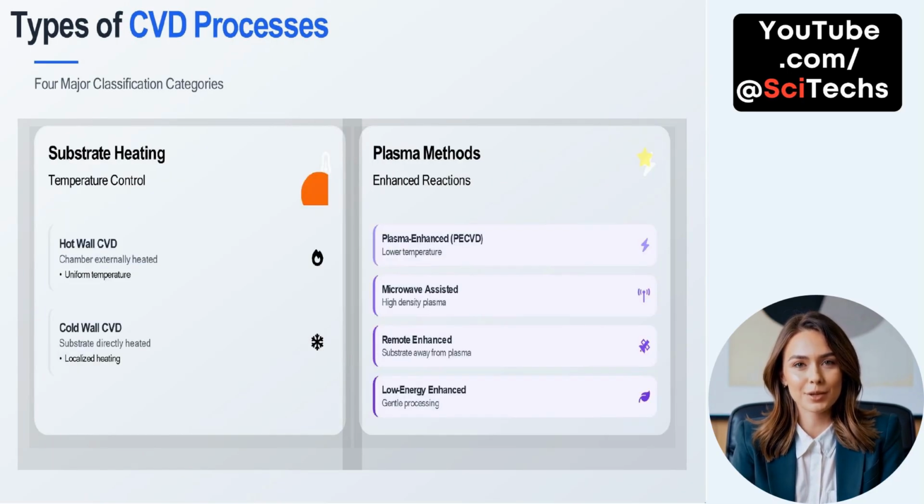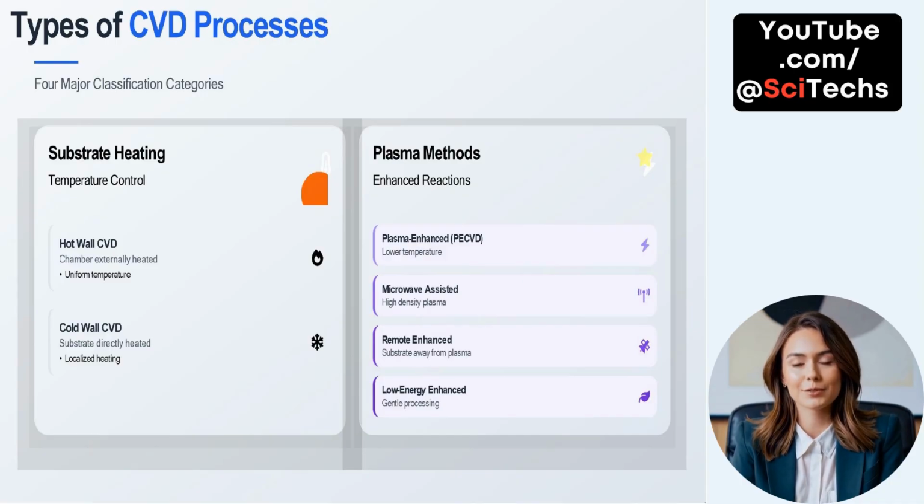Types of CVD processes. CVD processes can also be classified by substrate heating and plasma methods, both of which affect temperature control and reaction enhancement. In hot wall CVD, the entire reaction chamber is externally heated, ensuring a uniform temperature across the substrate and chamber walls.